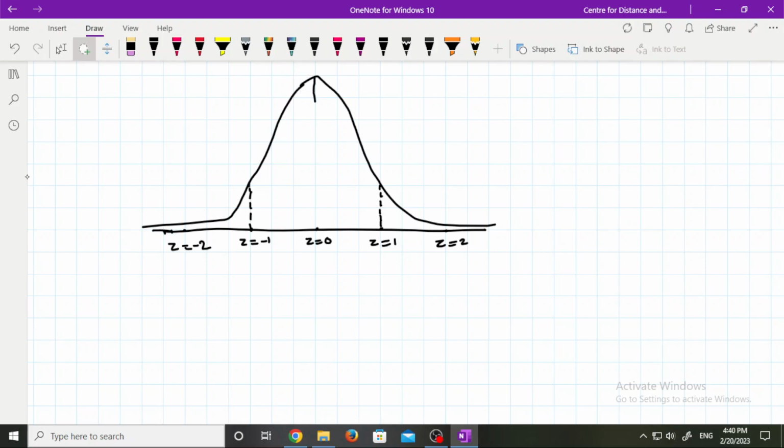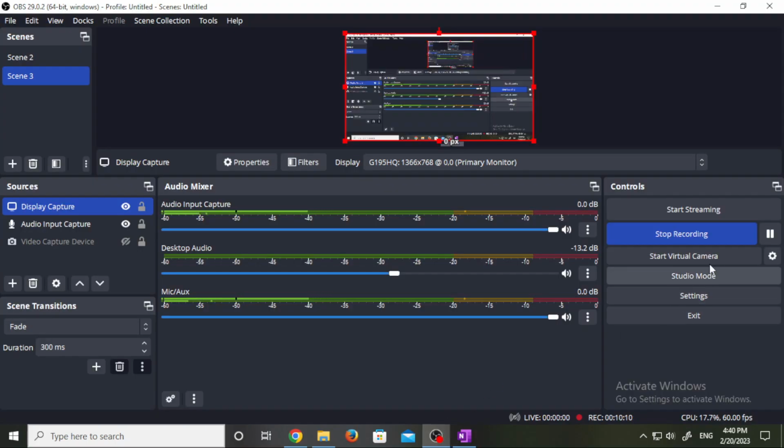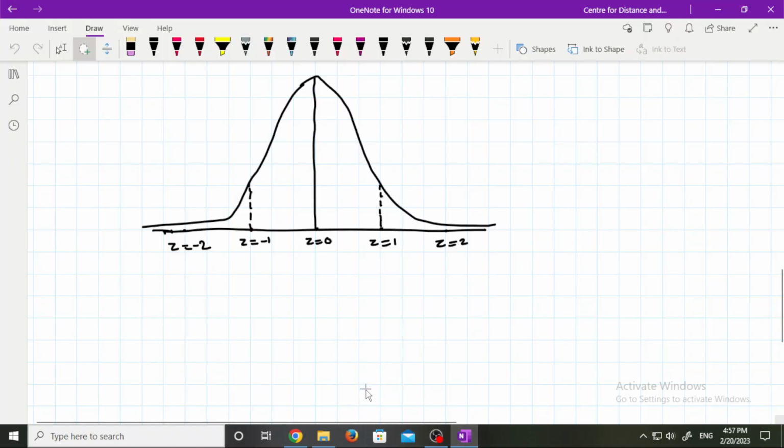This is our z is equal to 0. This area is our required area.